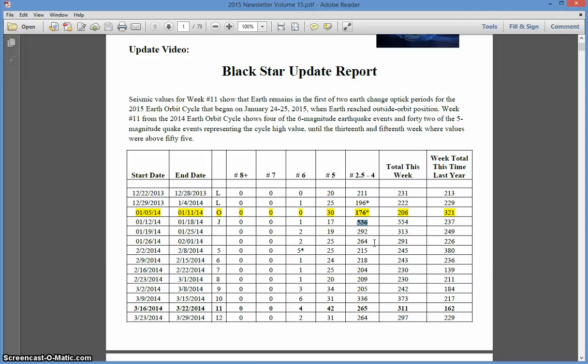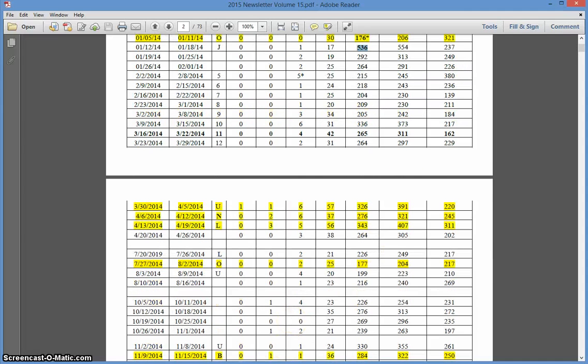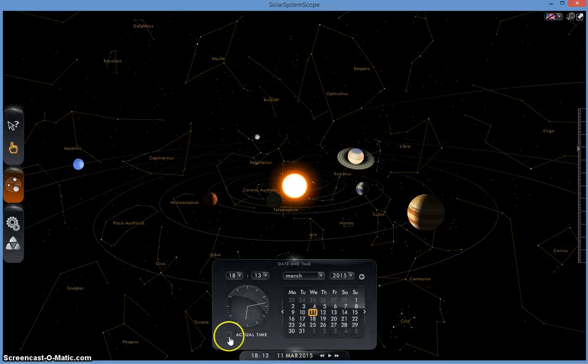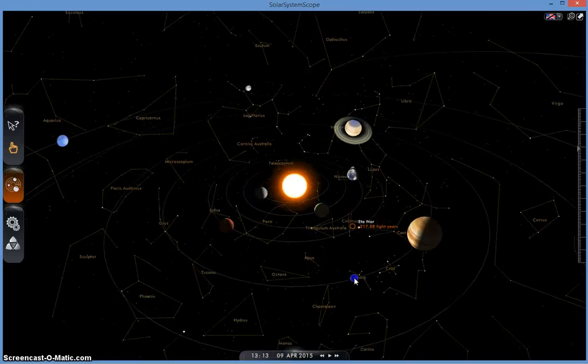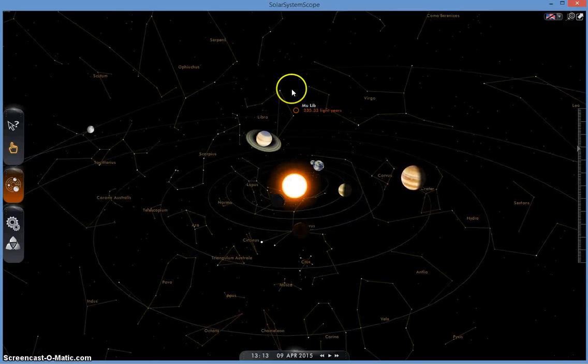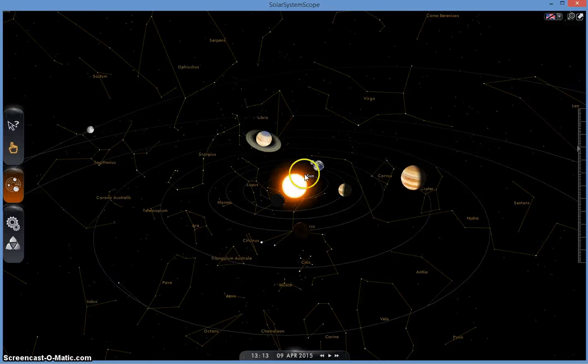Why is it getting lower? It's getting lower because, and let's see, let's go to the actual time. The black star is right around this area right in here right now. And when we got the outside orbit position was over here, but as we're coming around the corner, remember Earth is moving, we're down here in winter orbit about 67,000 miles per hour, coming around the corner.